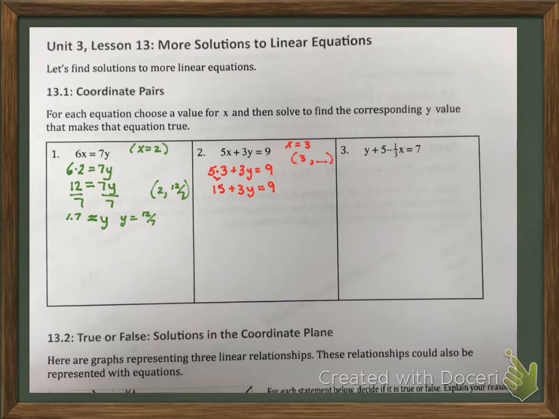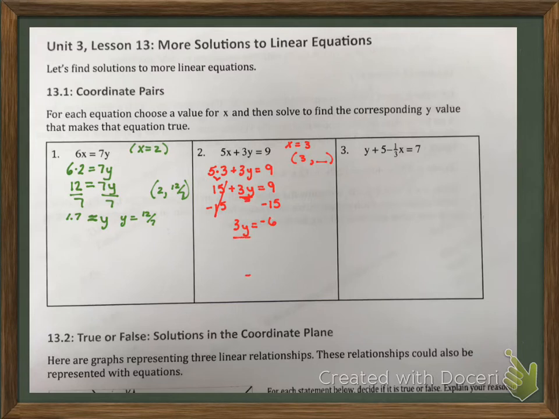Now I need to try and get this 3y by itself, so I'm going to subtract 15 from both sides. This is equation solving, and that gives me, that cancels over there, and you get 3y is equal to, and then you're going to do 9 minus 15, which gives you negative 6.